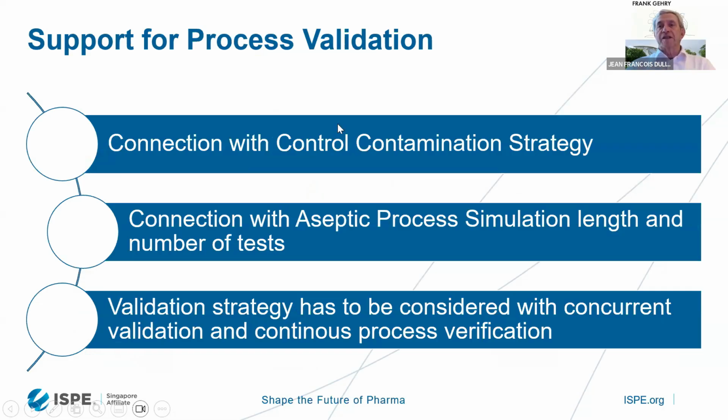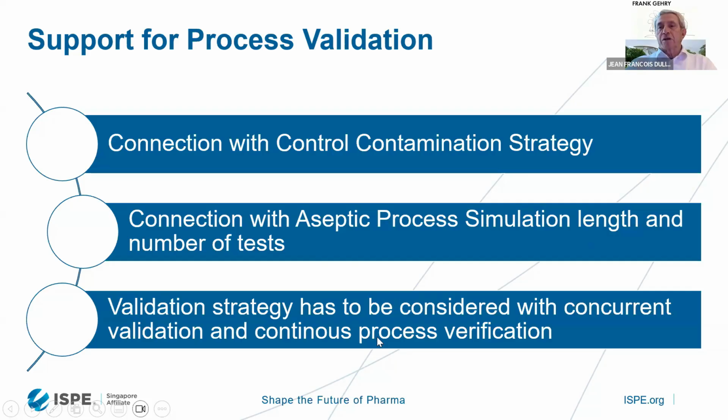And to support the process validation, we use the contamination control strategy. CCS is part of Annex 1, and could be used because it addresses sterile products, but as well non-sterile products. We can as well have a connection with aseptic process simulation, the length and the number of tests for this product, but we cannot make a lot of tests because the material is the cells of the patient.